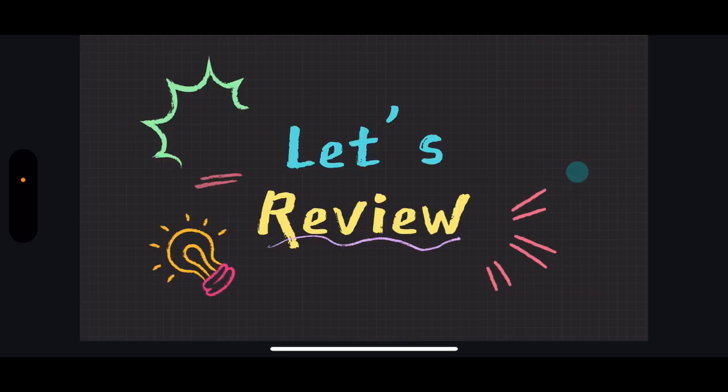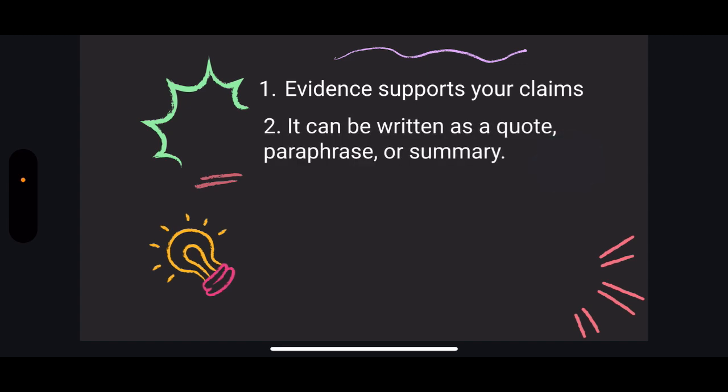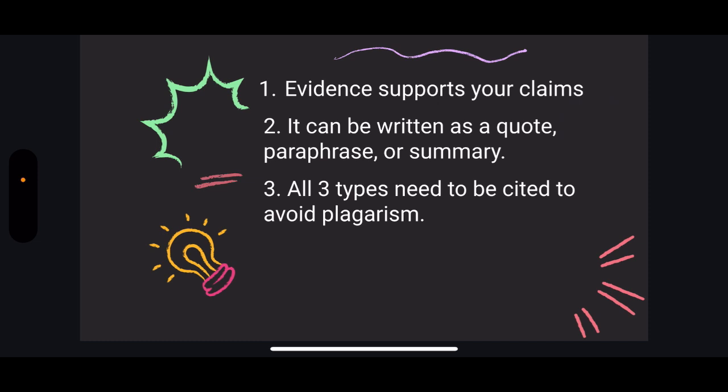So let's review. 1, we use evidence to support our claims. 2, evidence can be written as a quote, a paraphrase, or a summary of a text. 3, all three types of evidence need to be cited to avoid plagiarism, stealing someone else's ideas. 4, in ELA, we're going to be using the MLA format.